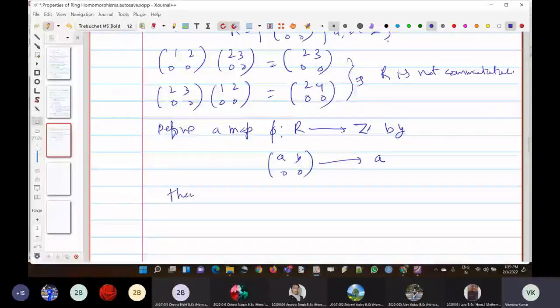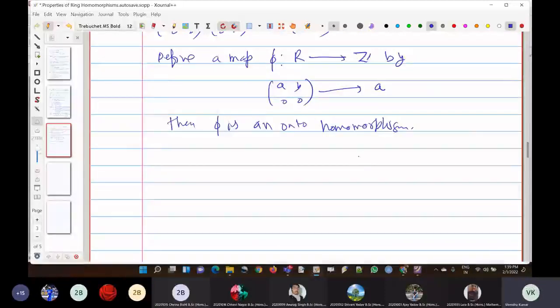Then phi is an onto homomorphism. So homomorphism आप verify कर सकते हैं, ठीक है ना। Onto: if you take any integer A in Z, you will get this kind of element in R. So this is certainly going to be an onto map. So I am leaving it to you, you can verify it yourself.